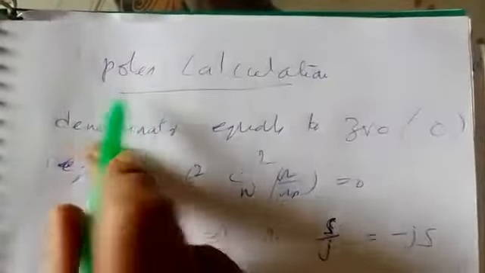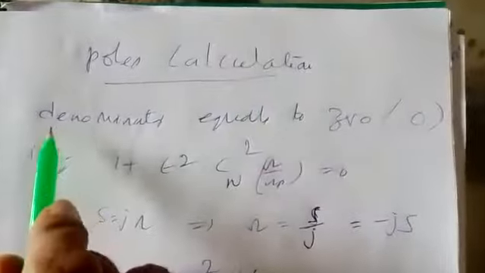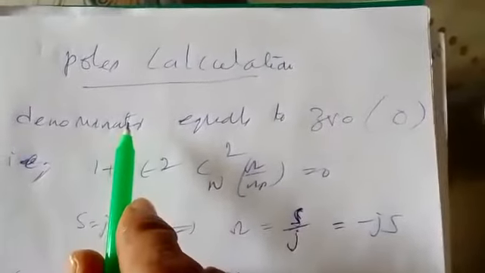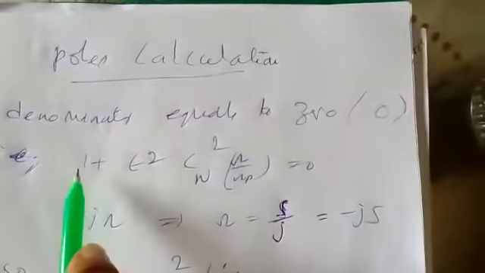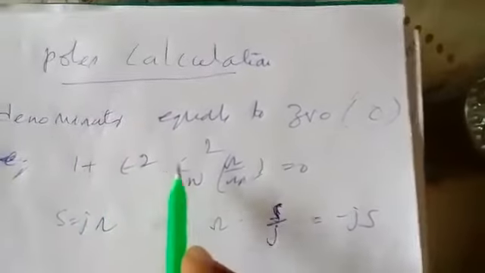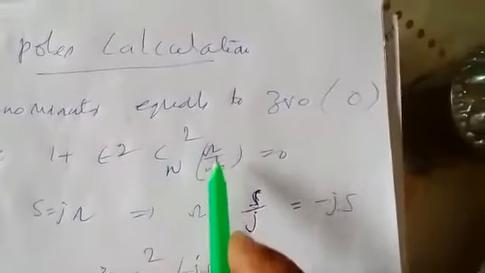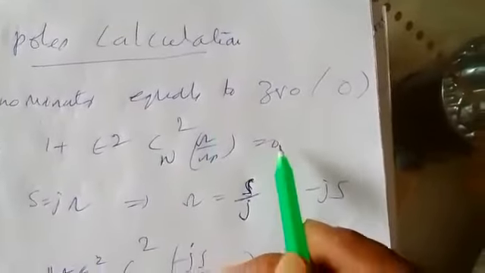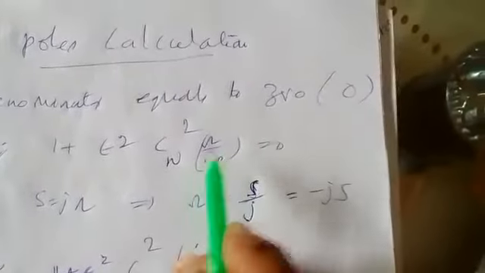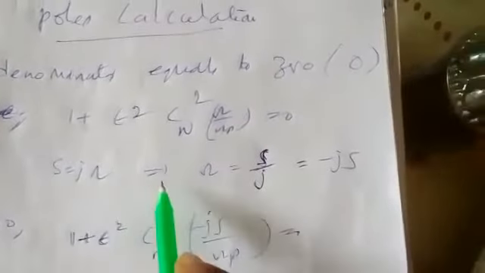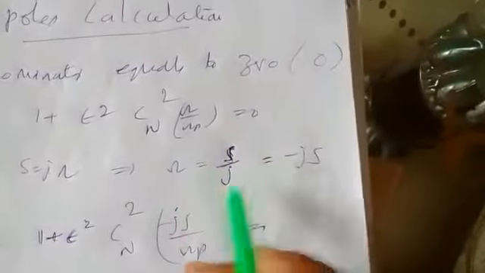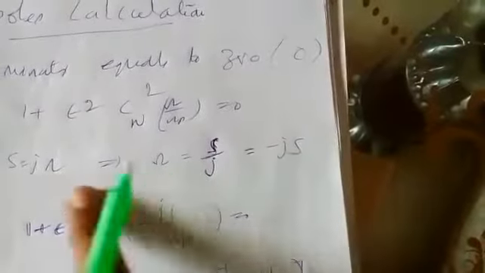Coming to the poles calculation, here the denominator of the given transfer function is equal to 0. That is, 1 plus eta square Cn square of omega by omega p is equal to 0. By simplification and substituting s equal to j omega, we can write omega as s by j, that is minus j s, simple mathematical complex variables.